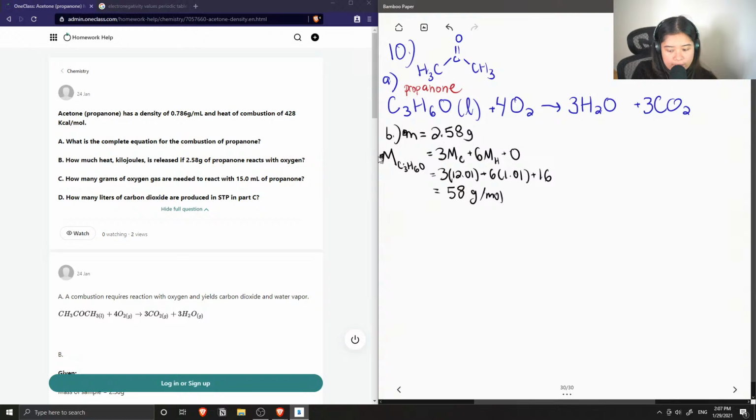Okay, so we have our mass and our molar mass. And the next part is to calculate the number of moles. So number of moles is equal to mass divided by molar mass. So we just need to plug in our values. 2.58 grams divided by 58 grams per mole gives us 0.044 moles of propanone.